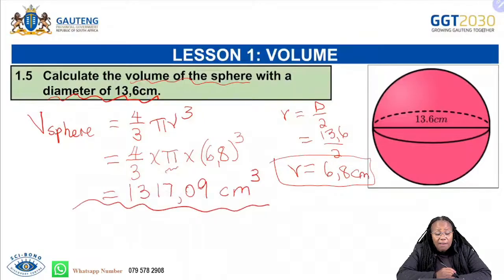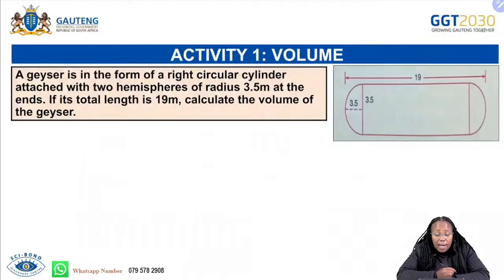I think I have covered all the solid shapes that possibly can be on our papers, grade 12. And then so now, I want you to try this activity on your own. This is an exam type question. We are given a geyser and it is in the form of a right circular cylinder attached with 2 hemispheres.